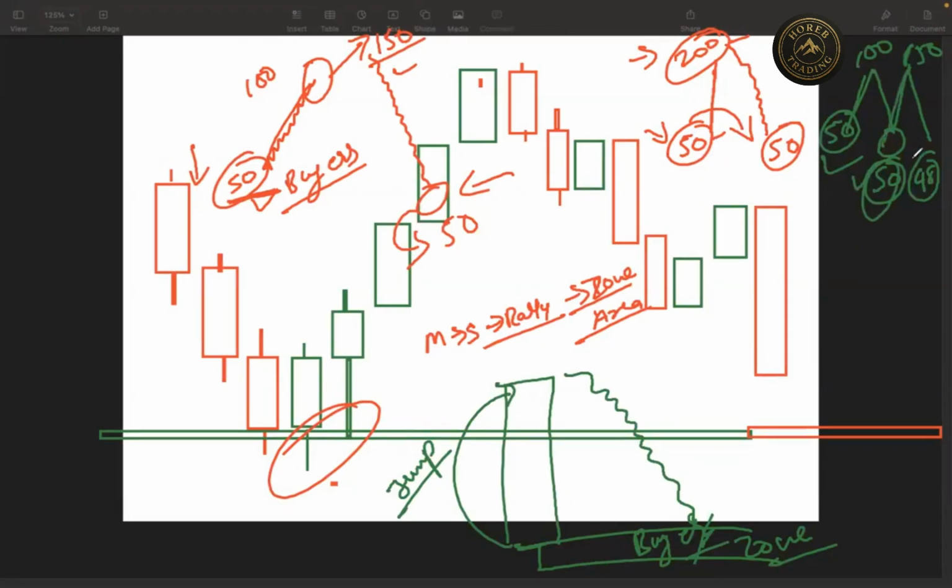The price keeps respecting the area, so the buyers will enter. That's the same thing in the market. If one area is respected many times, when price comes back there, we have a rejection.